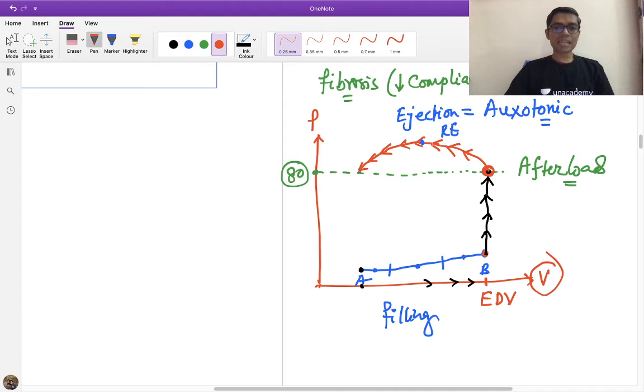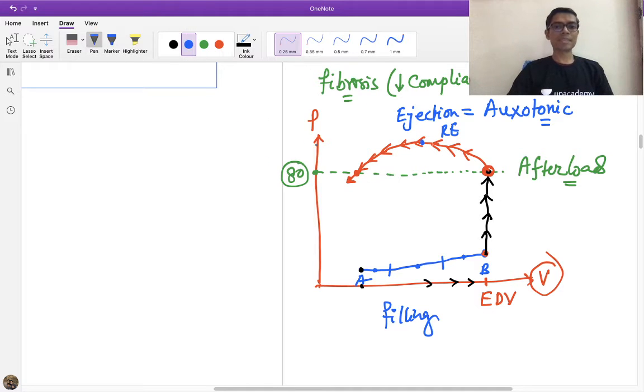Now at the end of this contraction, see here, the red color line is going below the green color line, indicating ventricular pressure is going lower than aortic pressure. Imagine when the ventricular pressure is lower than aortic pressure, the obvious thing is that the blood from the arch of aorta will try to come back, but that will be prevented by closure of the semilunar valves.